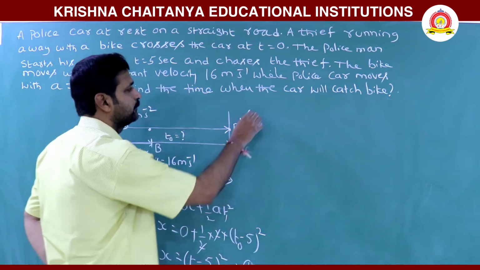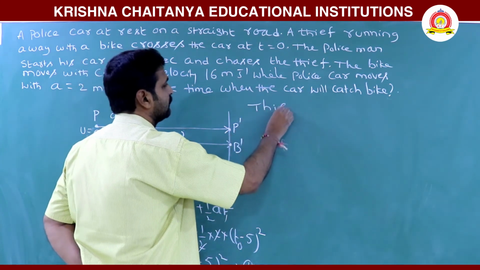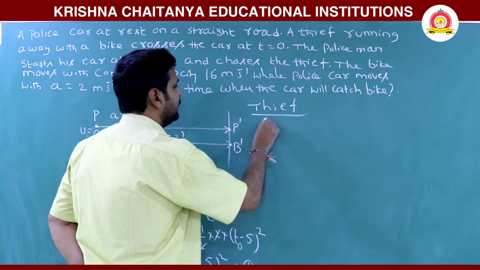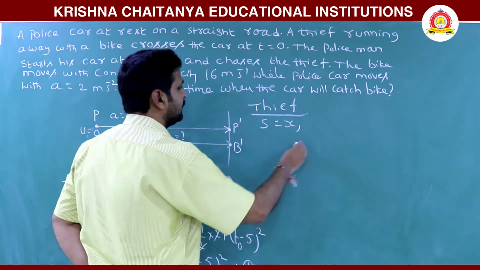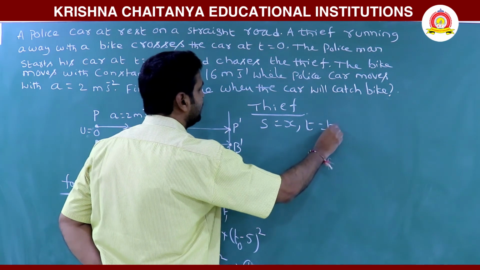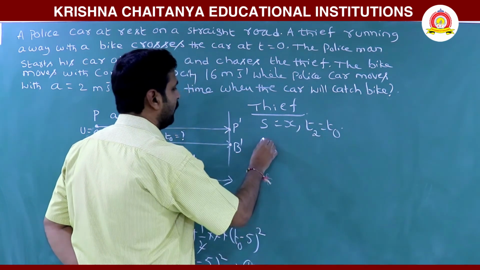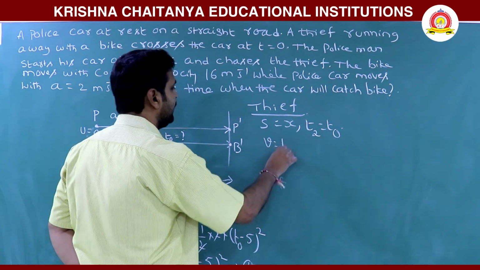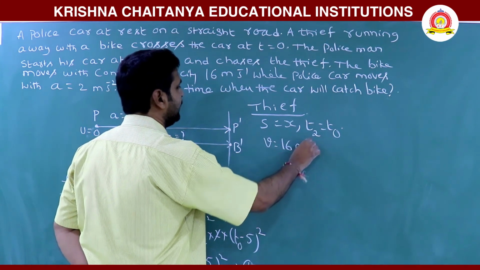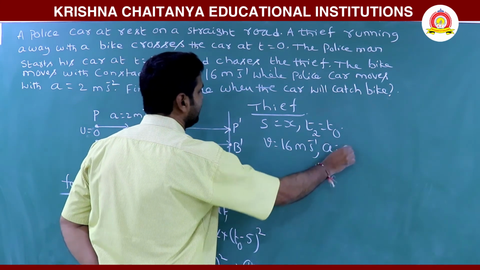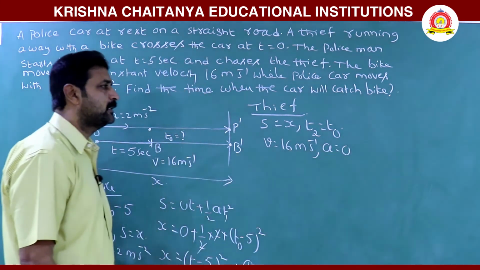Now for the thief: distance traveled is x, time is t0, velocity is constant at 16 meters per second, and acceleration is 0 since the velocity is constant.